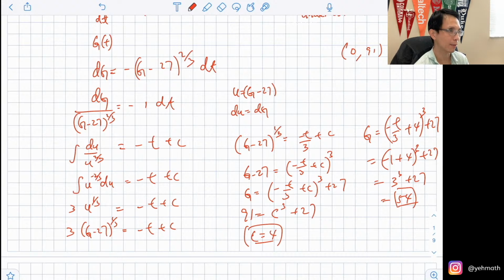So technically the same C. I can show you here. That's the same C because 12 divided by 3 is 4. But I got the same answer as well. So that C doesn't matter.